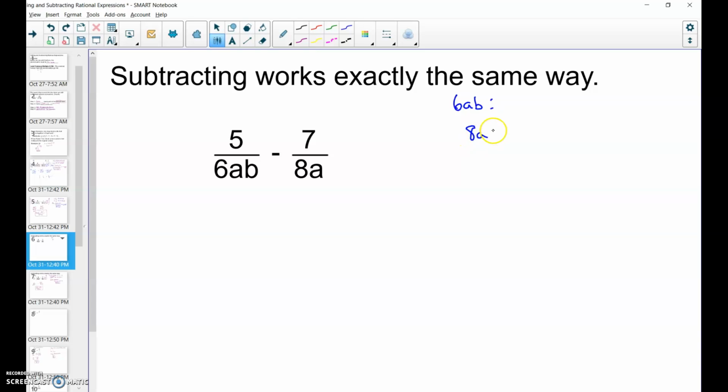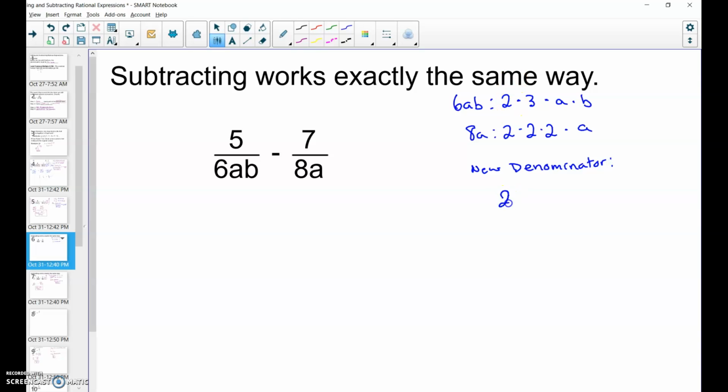And I'm going to write those denominators in prime factorization. So numbers that multiply to 6 and are prime is 2 and 3. And I have 1a and 1b. For 8, I have 2 times 2 times 2 times a. All right, new denominator.